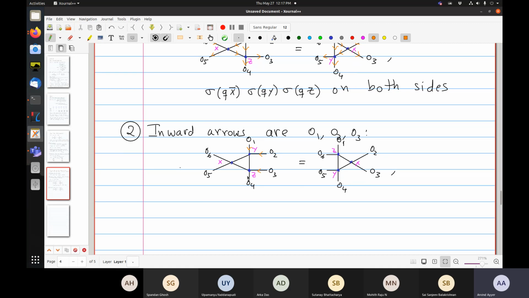O4, O5, O6 are outward. And now let's see. This is forced. The two inward, so I have two outward, and then this forces this to be left. And over here, there's two inwards at x, so I have two outwards at x also, and at y I have this force, and let's check Z is okay. Z is okay here.